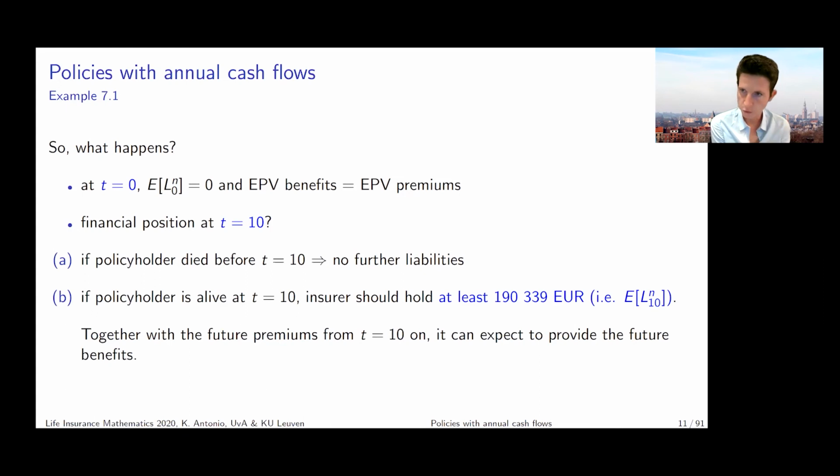So together with the future benefits that I will receive from time point 10 on to the death of the policyholder or the end of the policy contract, together with the future premiums, this policy value is expected to give me enough capital to be able to fulfill my liabilities, at least in terms of expected values.